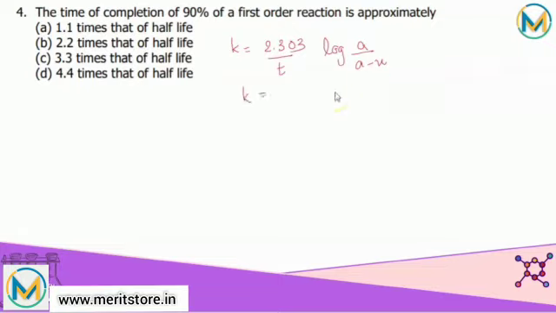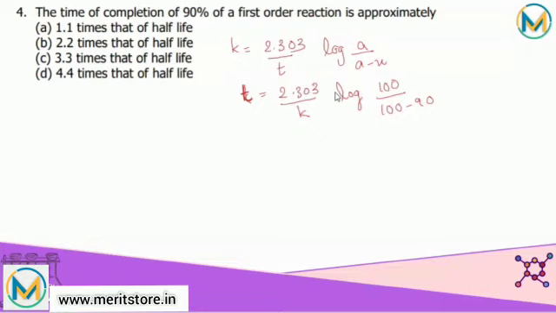Since we need to find the time of completion, we can take t = 2.303/K log of, let's take a to be 100, the whole upon 100 minus 90. Why? Because 90% completion of the reaction is done. So this becomes 100 upon 10.